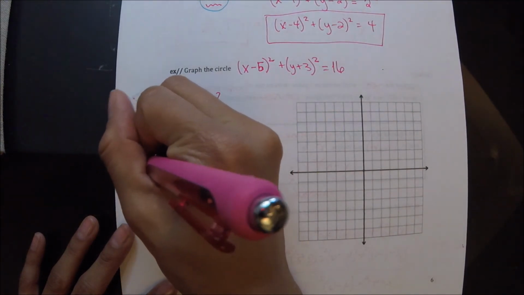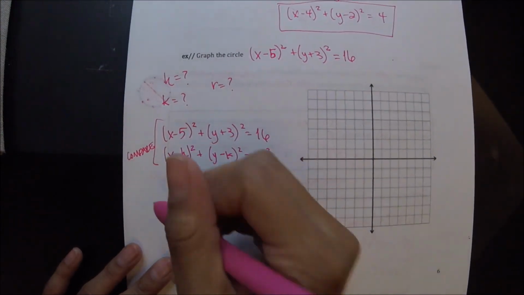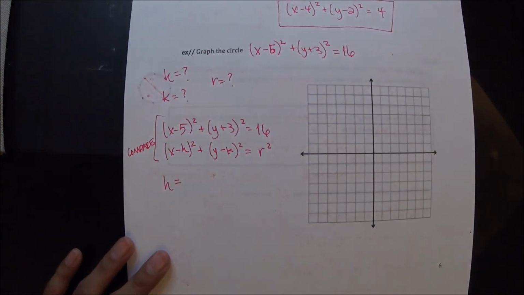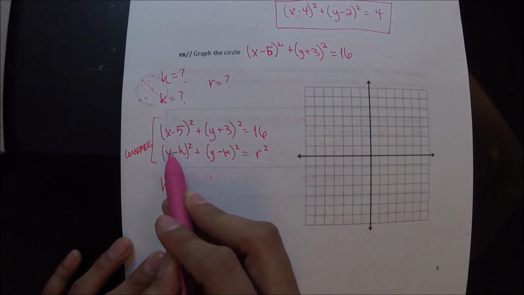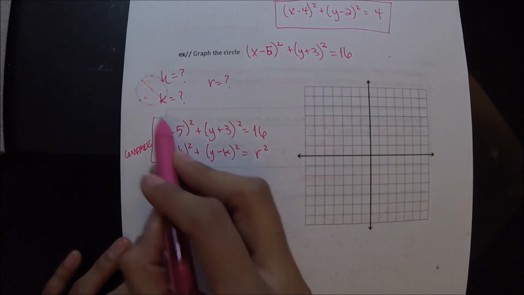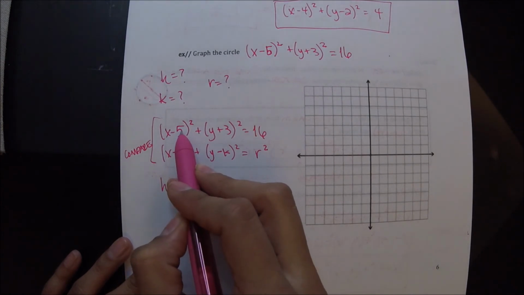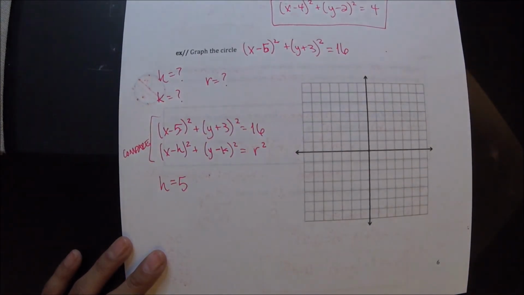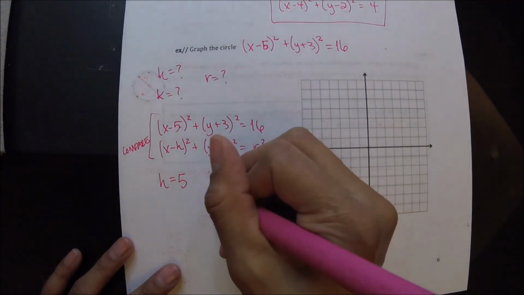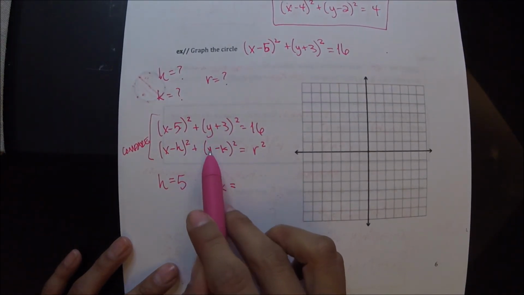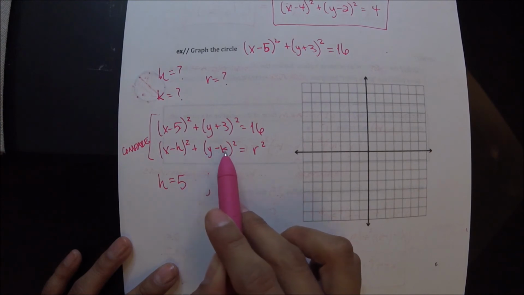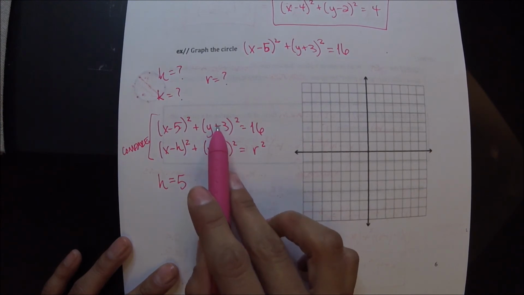Then compare these two formulas. So what should h equal? Well, h is here. It's always supposed to be x minus whatever h is, and here we have x minus 5. So h is 5. K, similar idea. We have to have y minus whatever k is, but here we have plus.